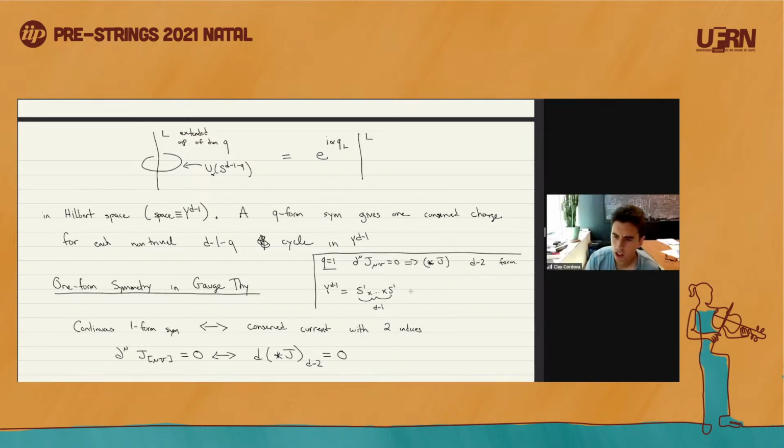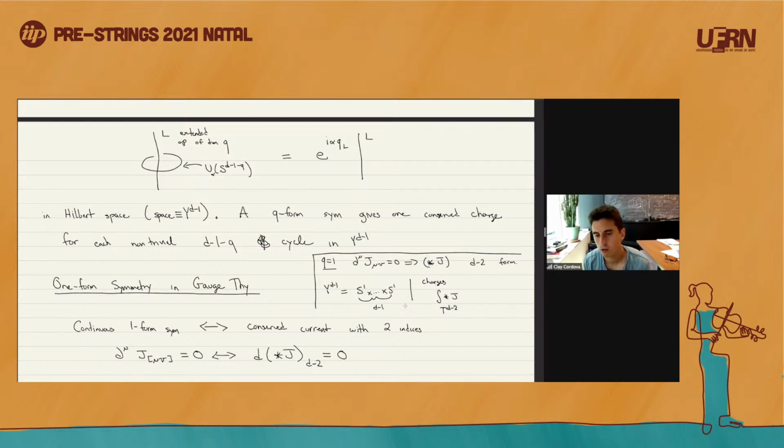Well, the charges we can get by integrating star J over a subtorus, which is dimension d minus 2. Star J is a (d-2)-form, so it wants to be integrated over a (d-2)-submanifold inside here. This is a torus of dimension d minus 1, so there are lots of subtori that we could choose.